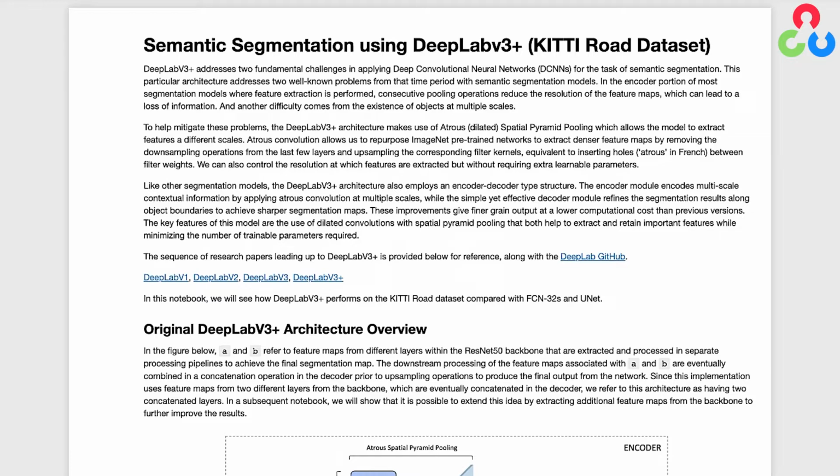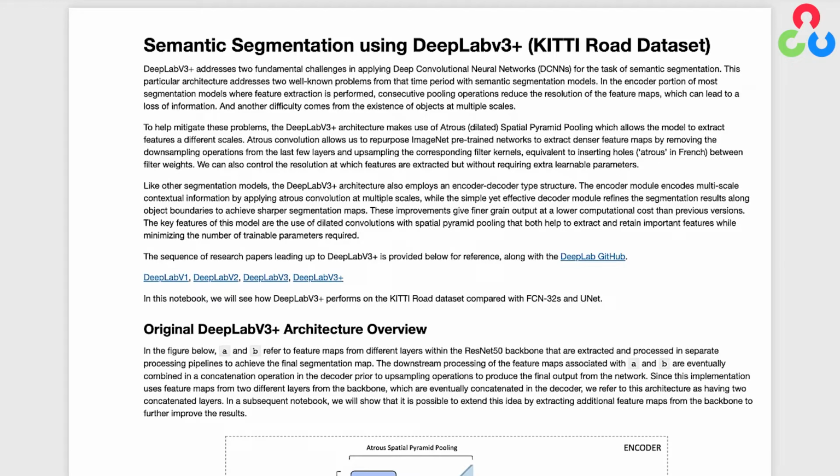And another difficulty comes from the existence of objects at multiple scales. So to help mitigate these problems, the DeeplabV3+ architecture makes use of Atrous dilated spatial pyramid pooling, which allows the model to extract features at different scales. With Atrous convolution, you can control the resolution at which features are extracted, but without requiring extra learnable parameters.